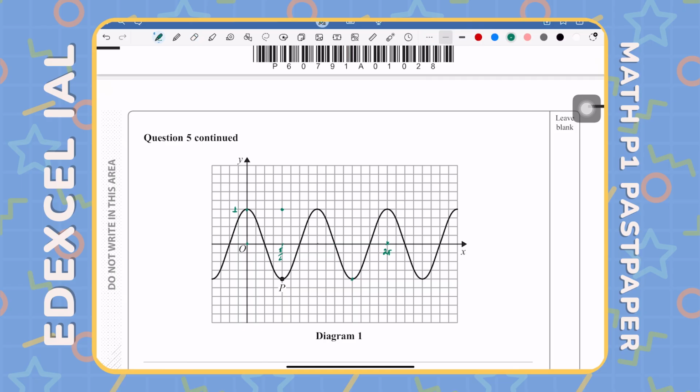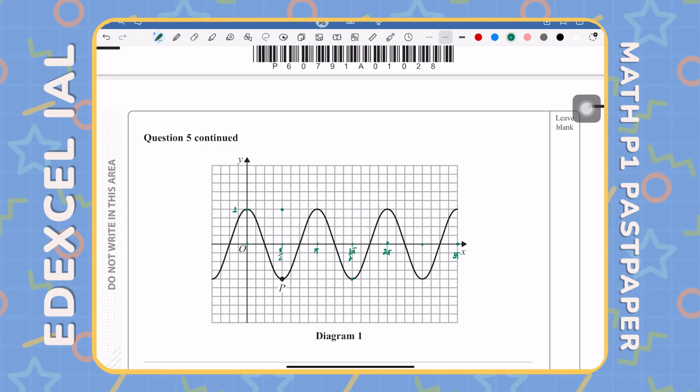Pi is actually here. Yeah, so this is pi, which means that this will be a point which is exactly between pi and 2 pi, which is going to be 3 upon 2 pi. Okay, and then after 2 pi, if I add half pi, that's going to be 5 upon 2 pi, or 2.5 pi, and then finally the point where the graph ends is going to be equal to 3 pi.